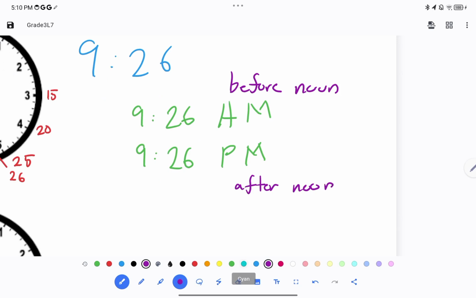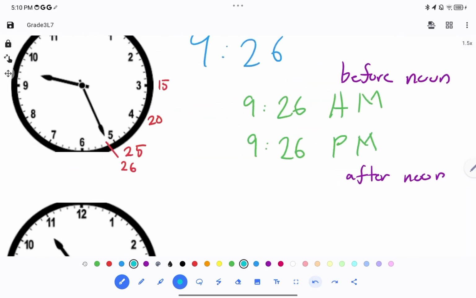So 9:26 a.m. would be in the morning, and 9:26 p.m. would be at night.